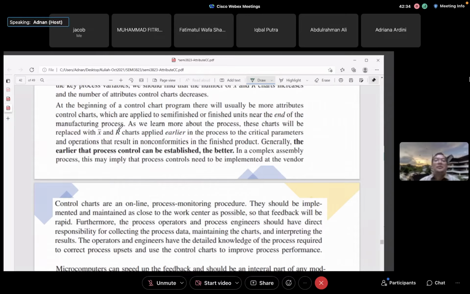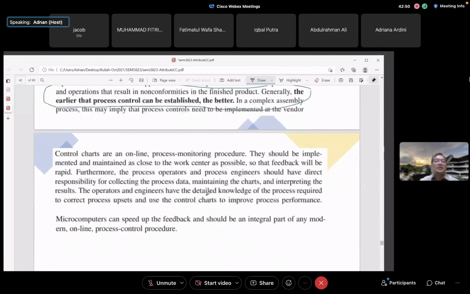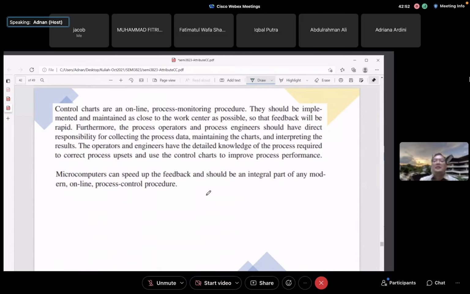Generally, the earlier the process control is established, the better, because the process goes through different stages. If you implement it early, it is easier to do correction and put in a remedy.